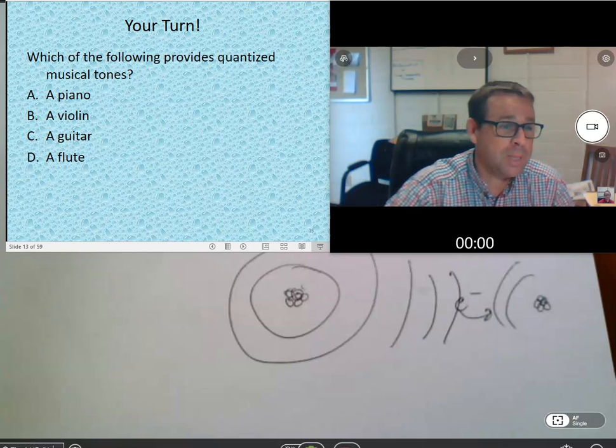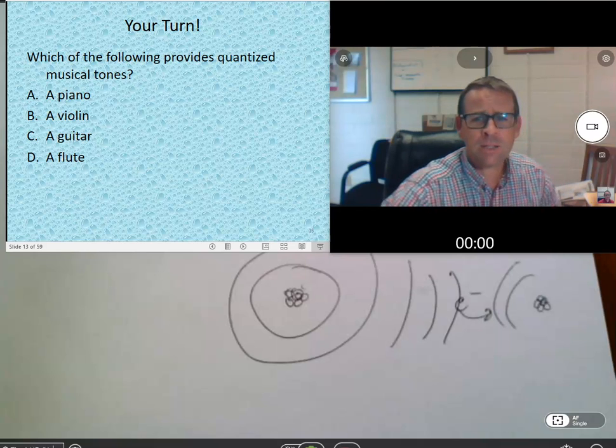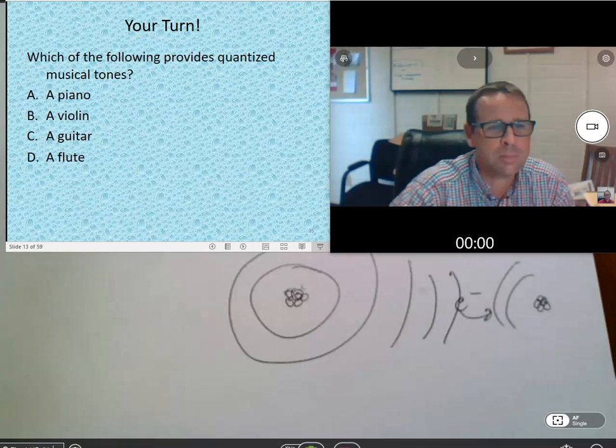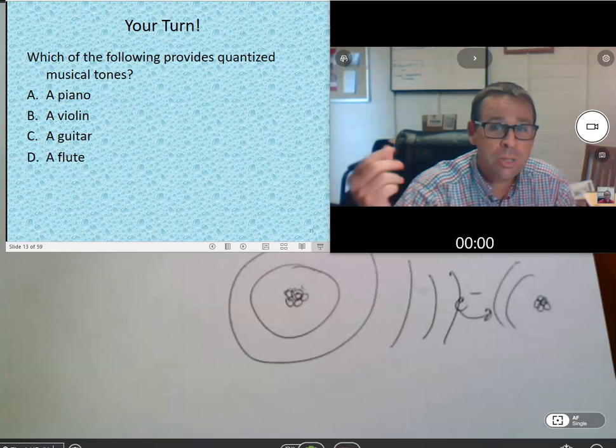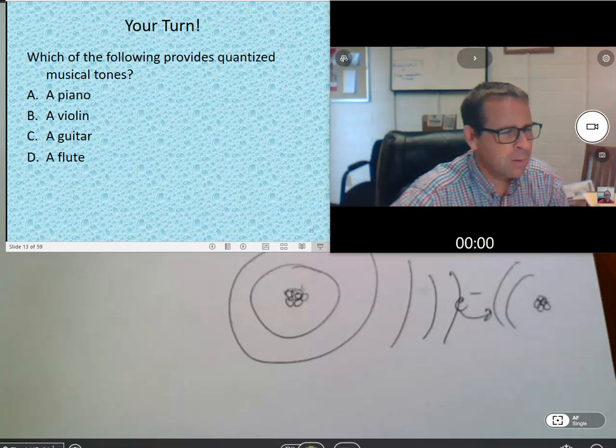I don't know if you guys have ever been to the PCC and heard the Hawaiian steel guitar, where it slides, wow, wow, wow, right? It slides as it arrives to the note that it wants to play. And a flute also has the ability to tune it and change the tones as well. All right, does that make sense?